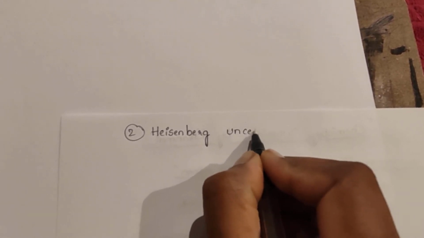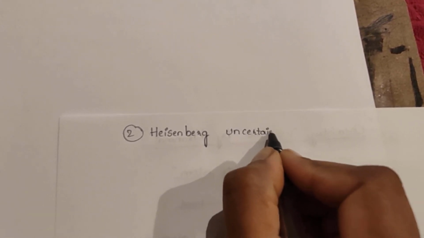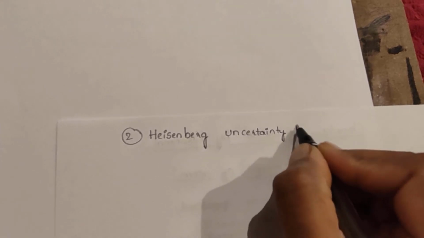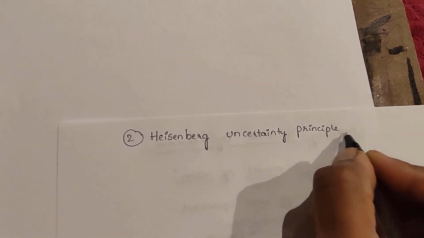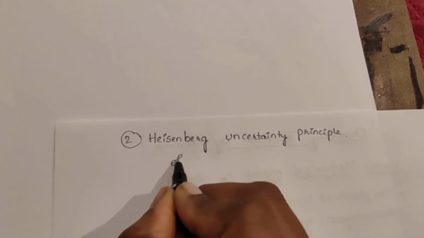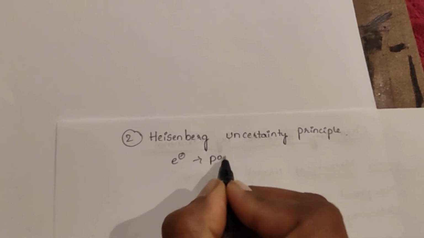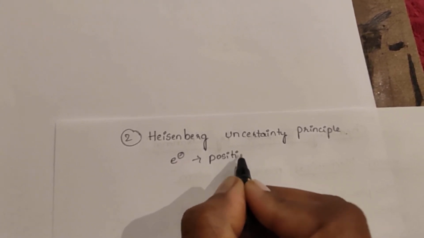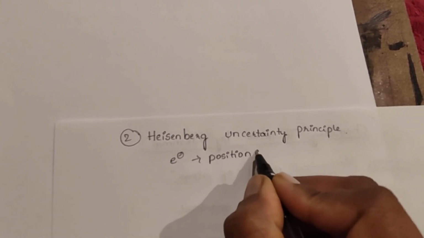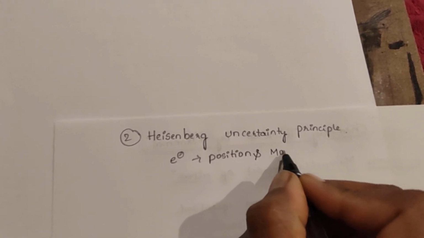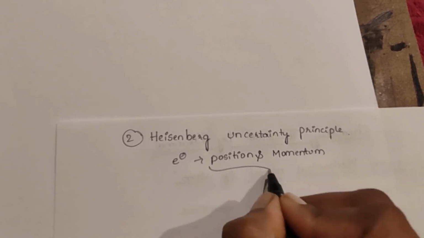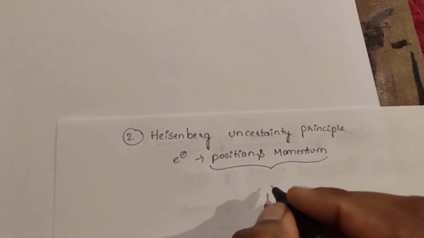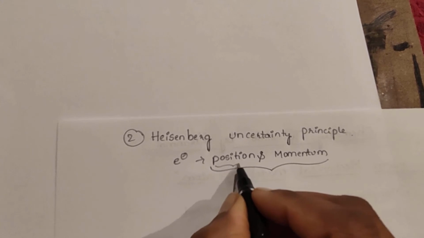Heisenberg uncertainty principle. According to the Heisenberg uncertainty principle, an electron's position and momentum cannot be calculated simultaneously at the same time.